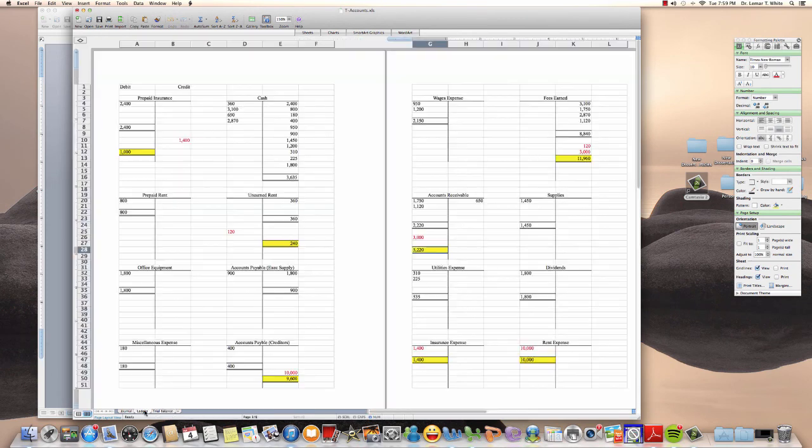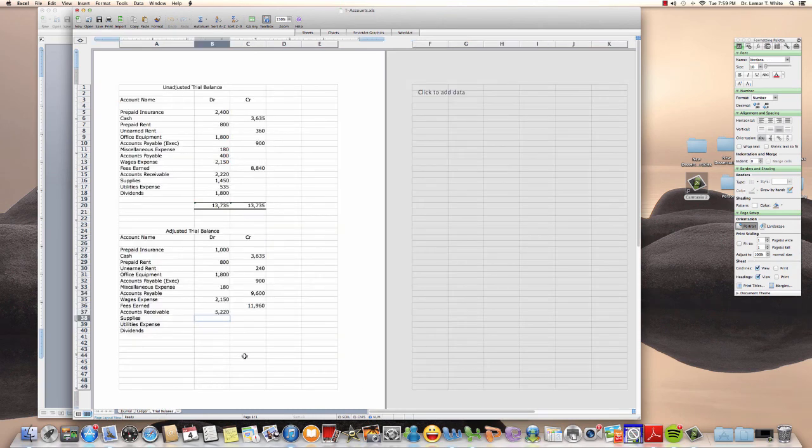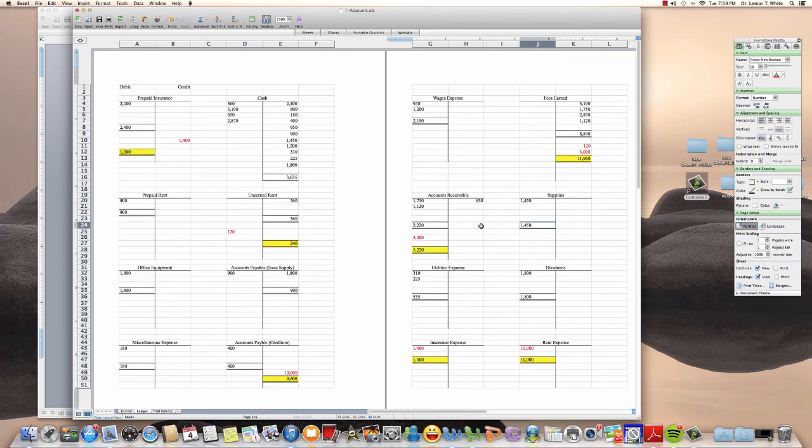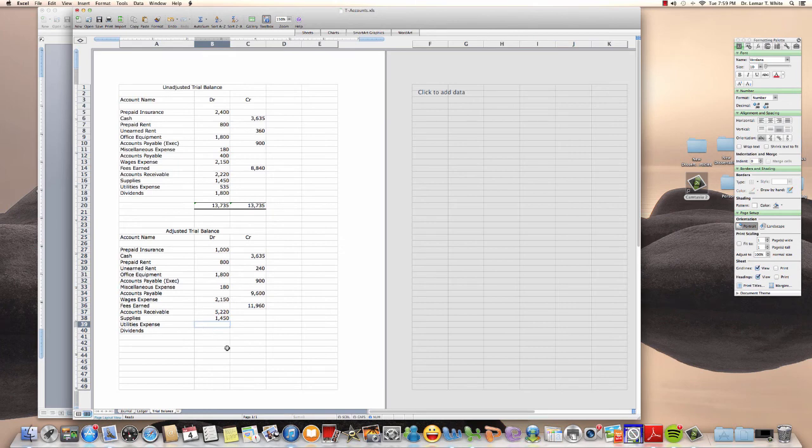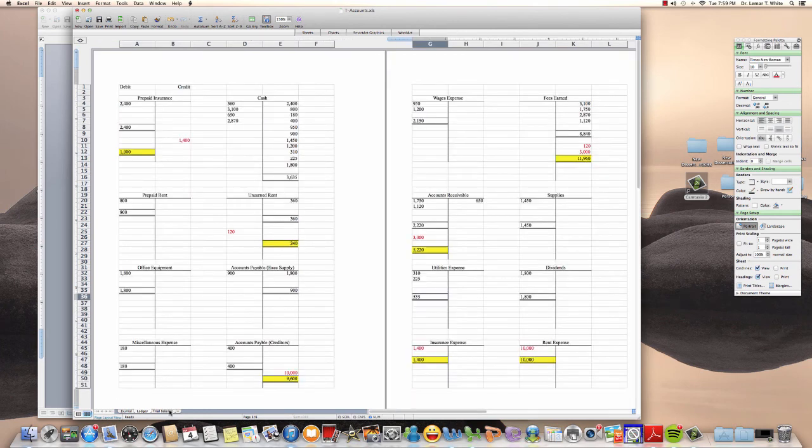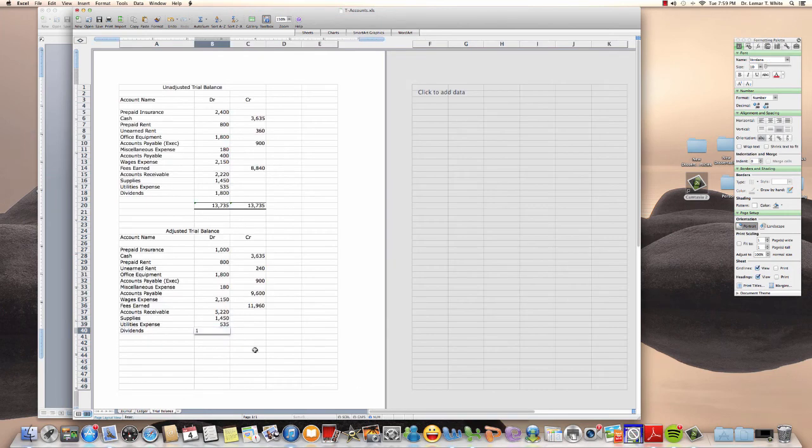My supplies did not change. $14.50 on the debit side. My utilities expense did not change. $5.35 on the debit side. My dividends did not change. $1,800 on the debit side.